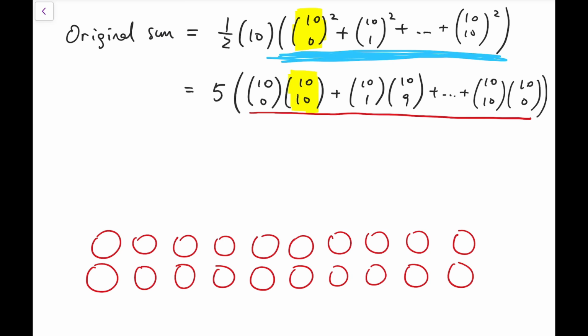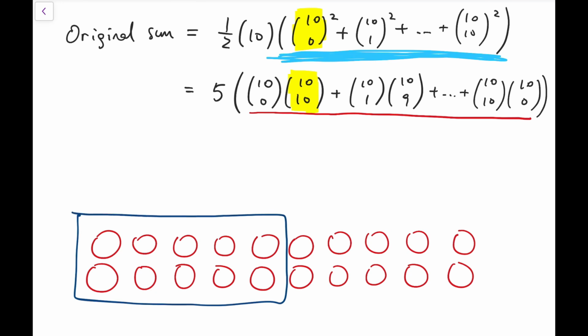by considering these 20 objects. I'm going to regroup these 20 objects into these 10 and then the other 10 objects like this. Basically just separated into two groups.